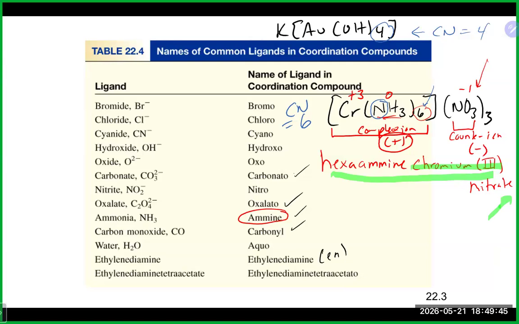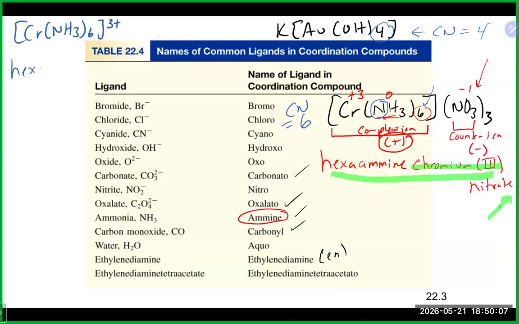Lastly, to finish up, if it was not a coordination compound, but just the complex ion part. So if you had this one here without the counter ion and you needed to name it, you would name it the exact same way as we did over there.